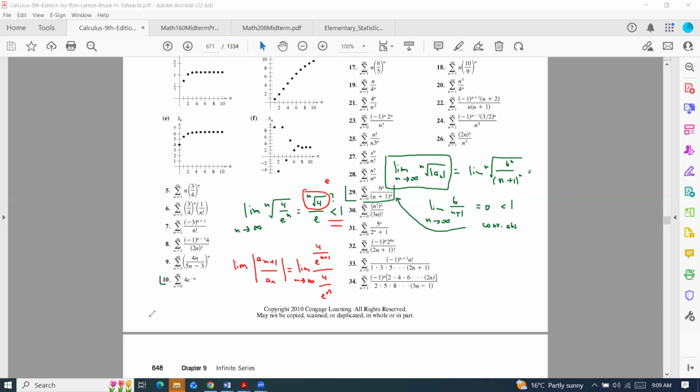So it looks like we're going to end up with the limit, and on the top I can write 4 e to the power of n times another e, so that's n plus 1. And the bottom part is going to be reciprocated, right? So just doing simple algebra. So it heavily depends on doing the algebra.